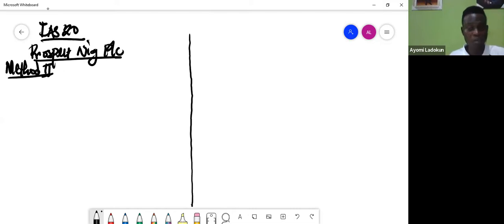It's as simple as that. Unlike method 1, where you set up a deferred income and spread over the life of the asset, here you are going to deduct the grant from the cost of the asset. Then the balance, you now spread over the life of the asset. That is exactly what we are doing here.